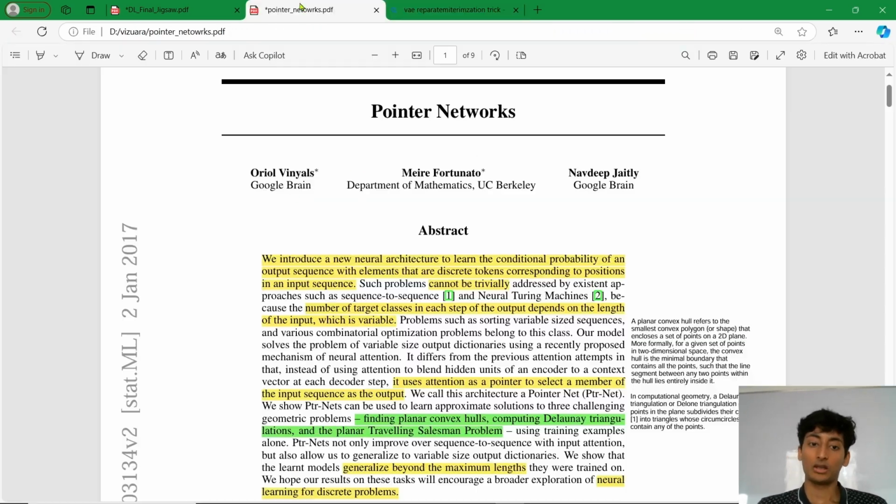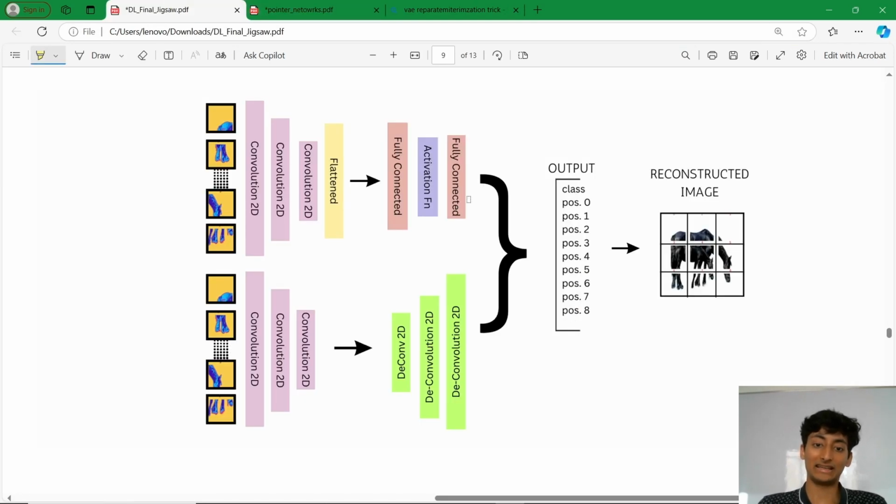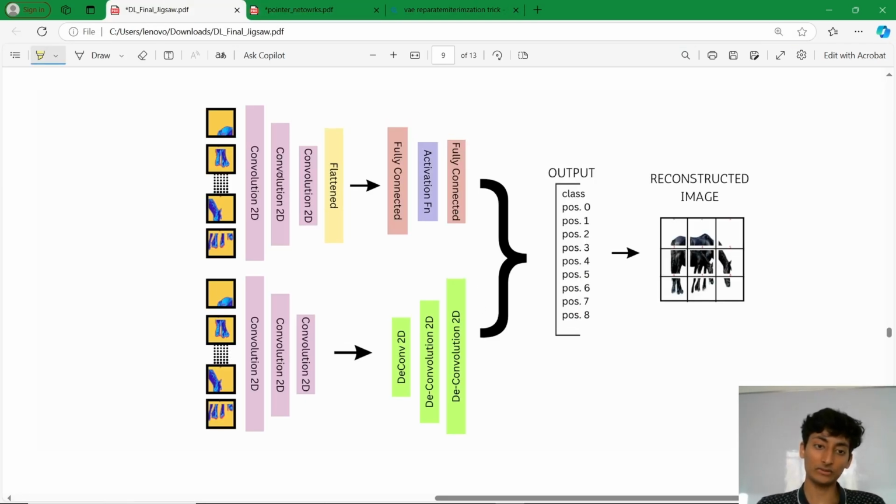So this is how a VAE looks, with an encoder, a decoder, and a sampling technique in between. We did the same here: you convolve it and have some representation, you deconvolve it, and then using the representation learned, you can directly classify, because the VAE has learned a representation of each particular image.